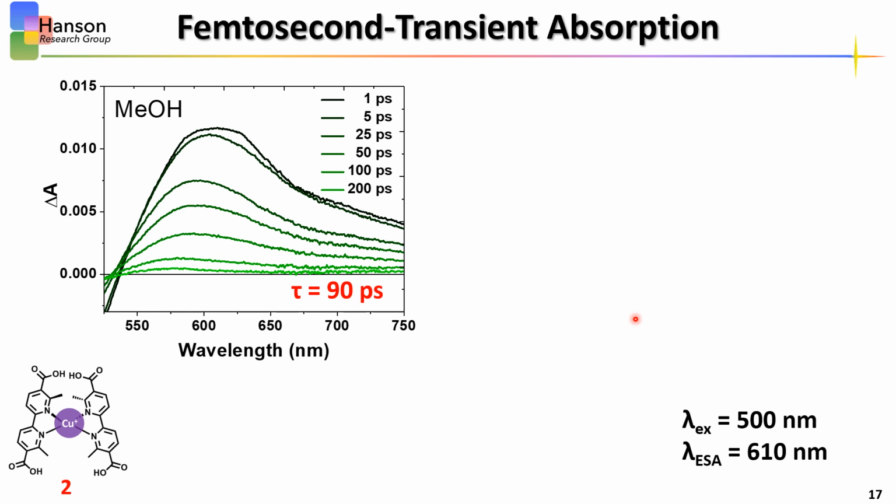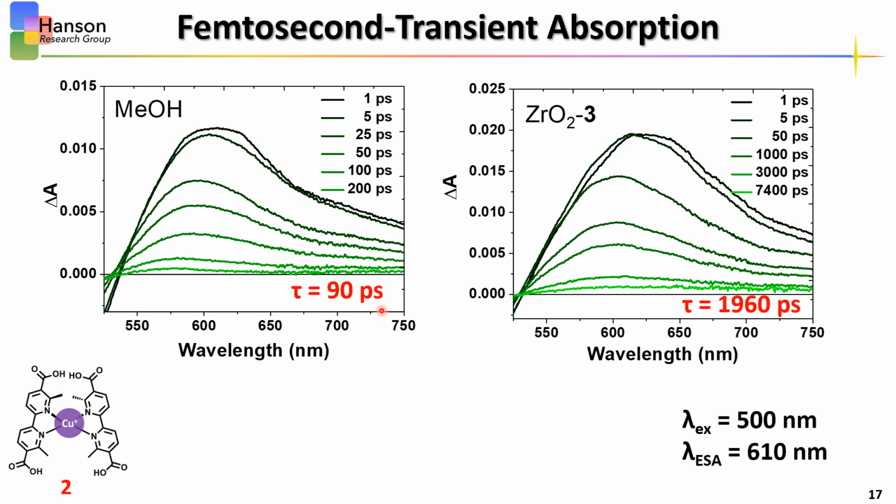When it is in solution, the lifetime is about 90 picoseconds. And when it is binding to the surface, the lifetime increases to 1960 picoseconds. By binding both ends to the surface, there is about a 22 times change in the lifetime.